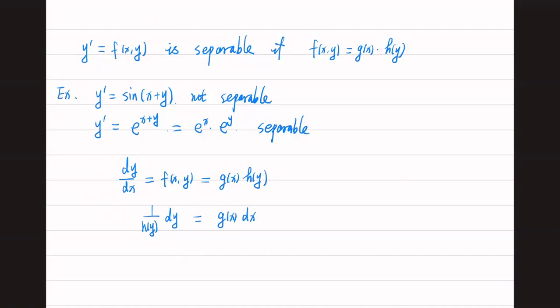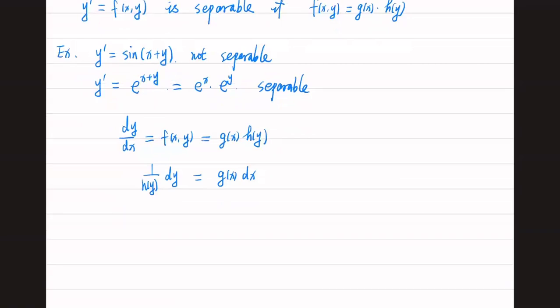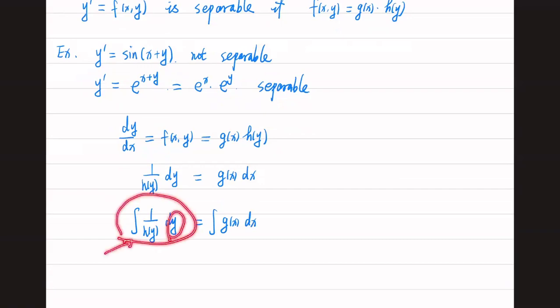Then we can take an integral. Remember, when we take an integral, we have to specify what variable we are integrating. So on the left, we integrate the y variable. On the right, we integrate the x variable.